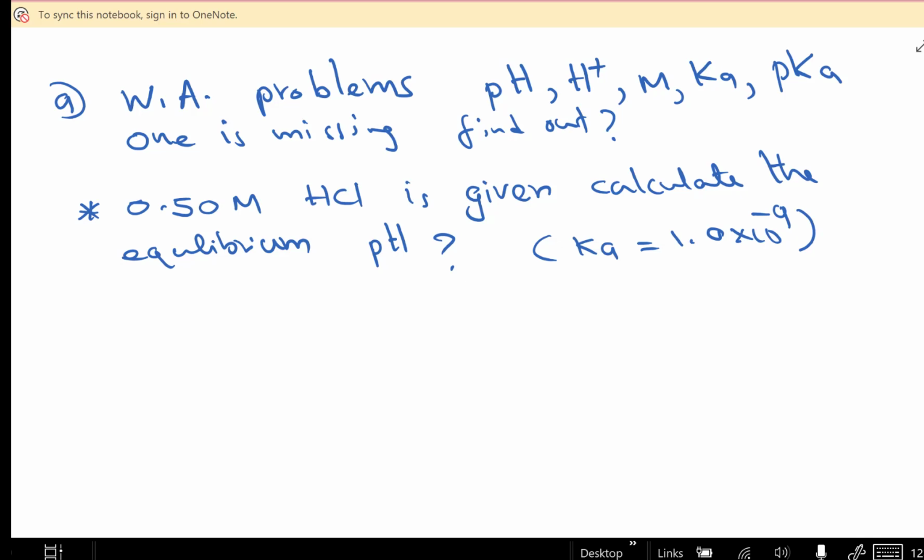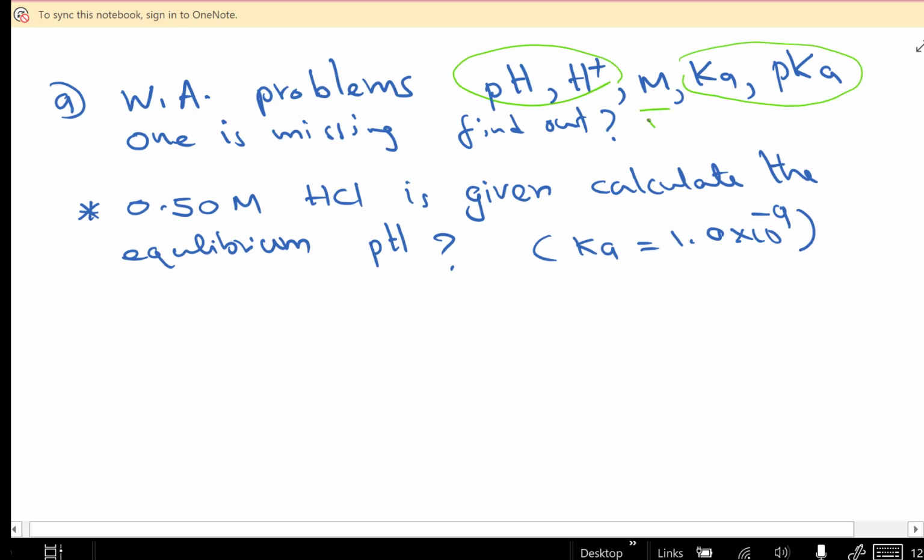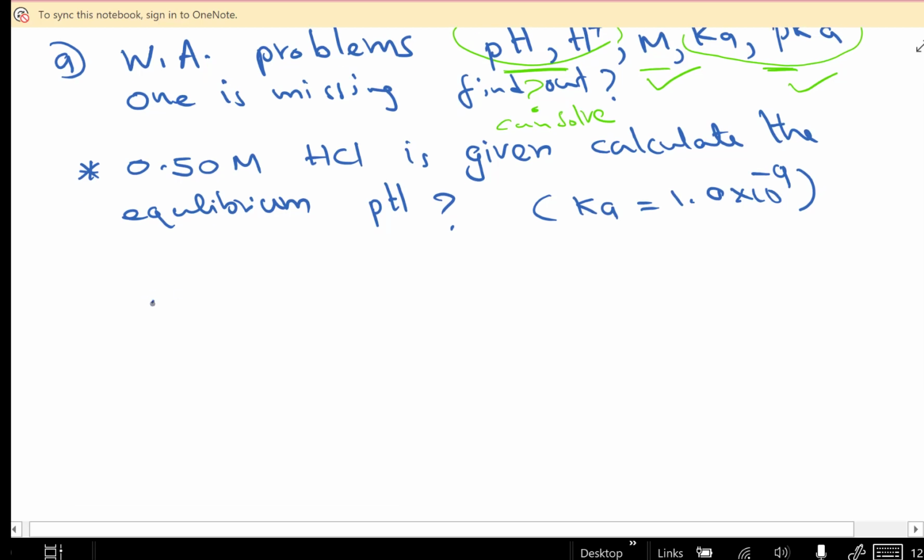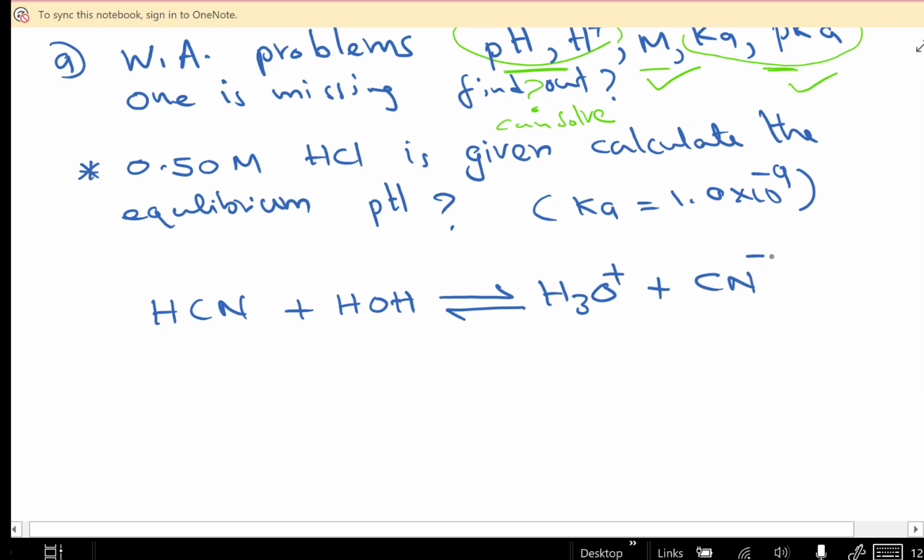Now, we can also write here. So let's see. Yeah, we are looking for pH, pOH. They both are interconnected by pH is minus log H plus, right? So HCN plus H2O, equilibrium with H3O plus and CN minus, aq, liquid, aq.